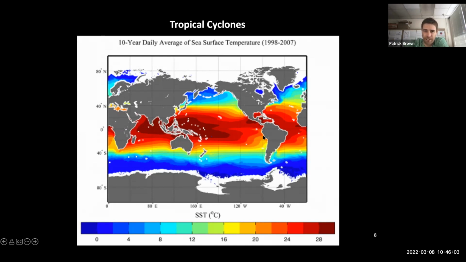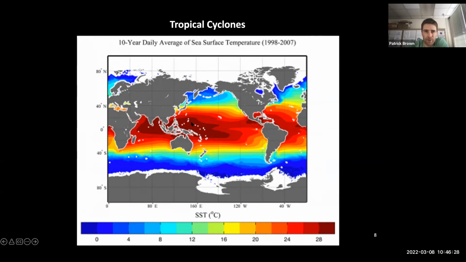But you have kind of the same issue down here in the southern Pacific, and then the southern Atlantic as well. There's a small area south of the equator where it could be possible to get formation of tropical cyclones, sea surface temperature wise. But again, it turns out the atmosphere isn't great for formation there.